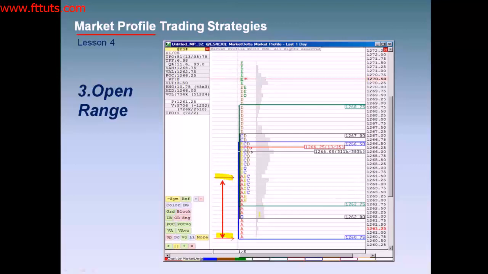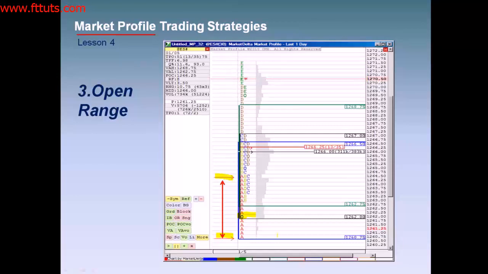First of all, we need to be able to identify the open itself, and the open was at 1262, exactly at 1262. Now, prices dropped from the open, and they also went up. So the range encompasses the entire movement, not just from open to close, but the entire span, all of the TPOs, every single price that was printed during that first half hour.